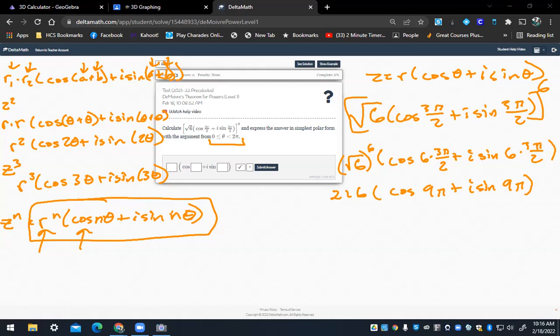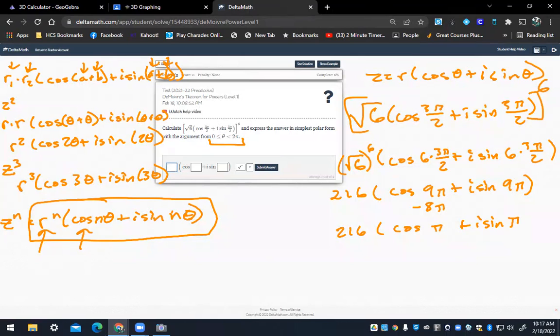Which multiple of 2 pi should we subtract? 8 pi, exactly. Remember, multiples of 2 pi are full rotations. That's 4 rotations you're just taking off. So basically, you're going to get 216 cosine of pi plus I sine of pi. And that's it.